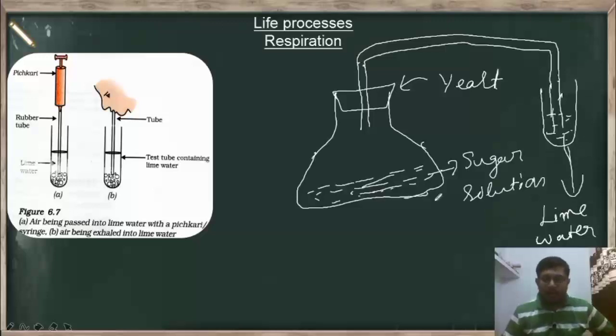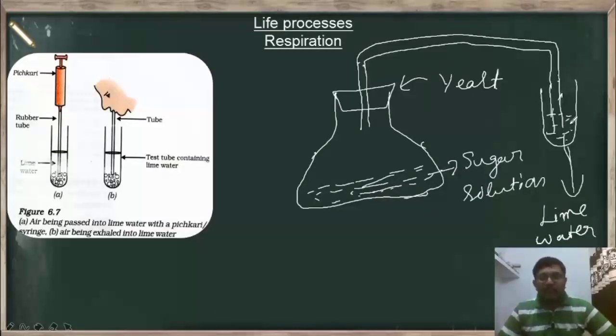Now after keeping this setup, we can observe the colorless solution turning white, because in the previous activity we studied that whenever carbon dioxide is passed into lime water, the lime water turns milky.